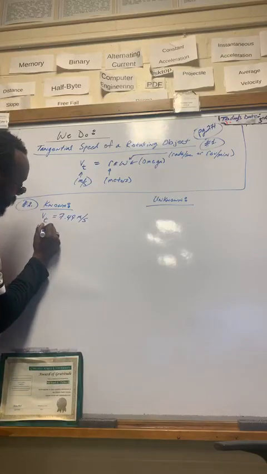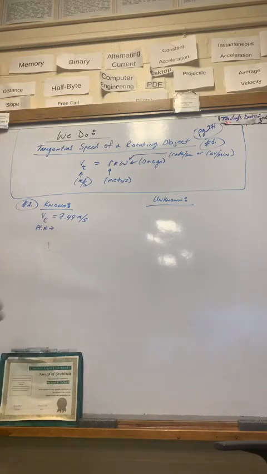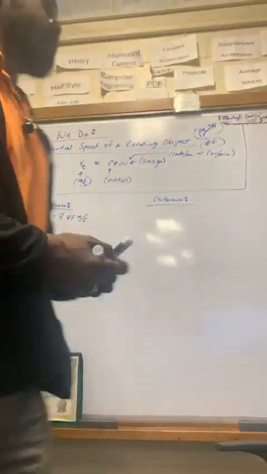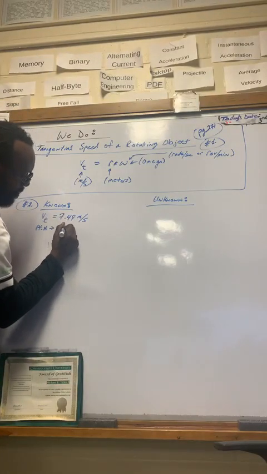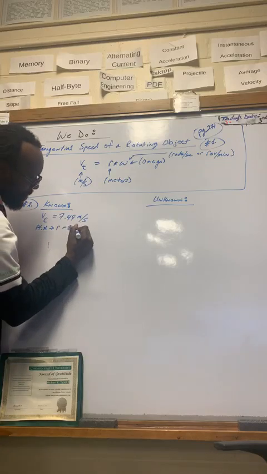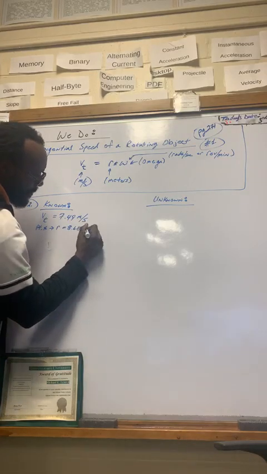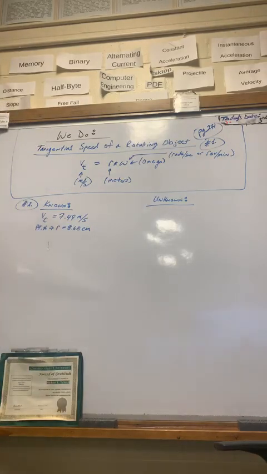In part A, you need to find one of the radiuses in the problem. So your radius starts at 8.68 centimeters. So we say R for part A is 8.68 centimeters. We cannot use centimeters. We have to convert that.